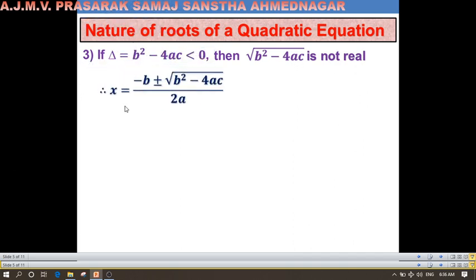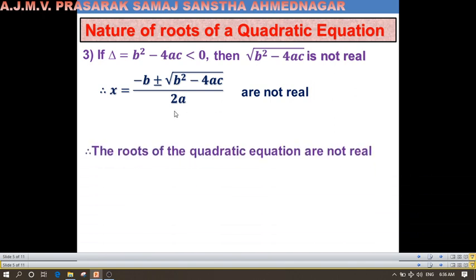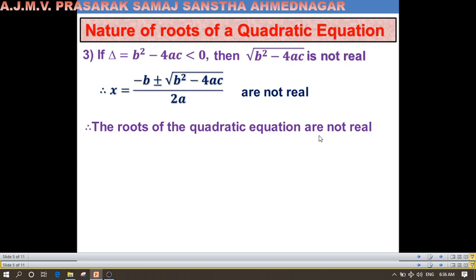Therefore, x is equal to minus b plus minus root of b square minus 4ac upon 2a are not real numbers. Therefore, the roots of the quadratic equation are not real. So here, if delta is less than 0, then the roots of the quadratic equation are not real.